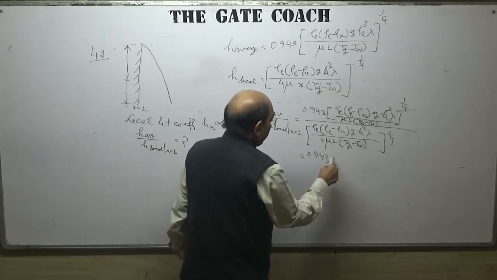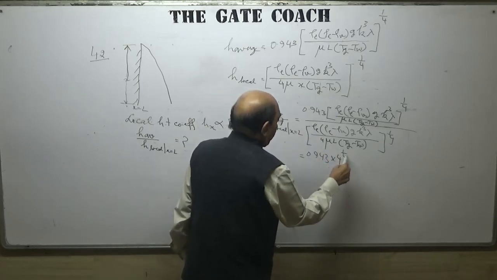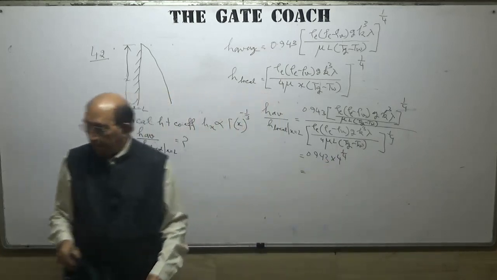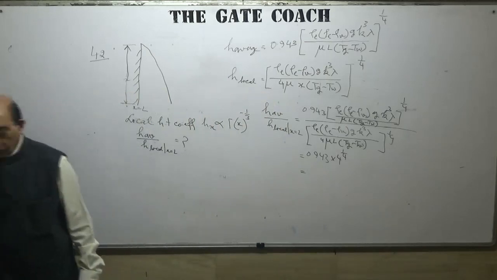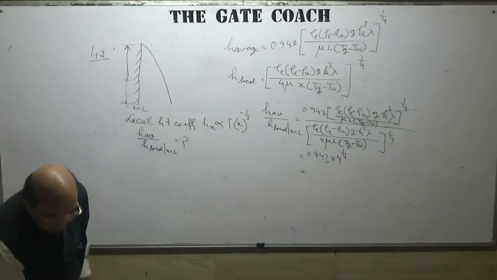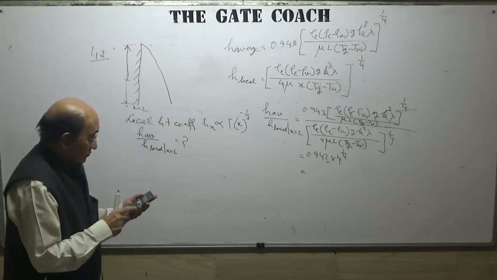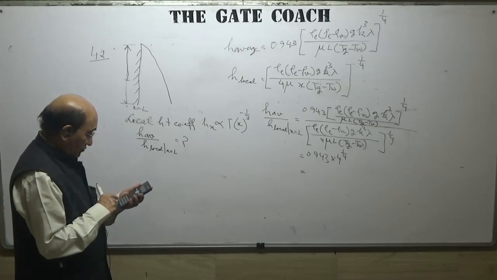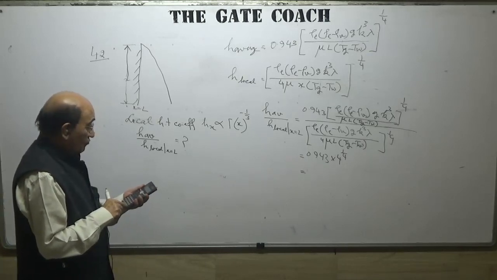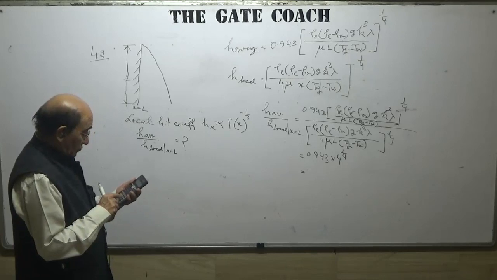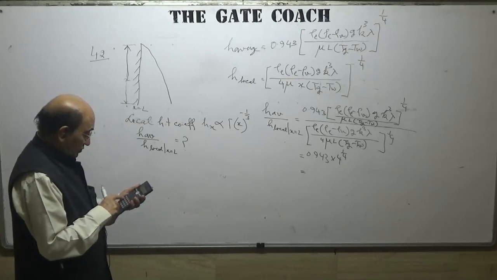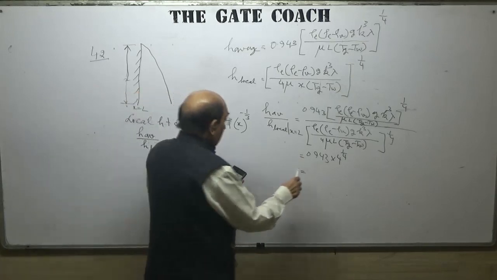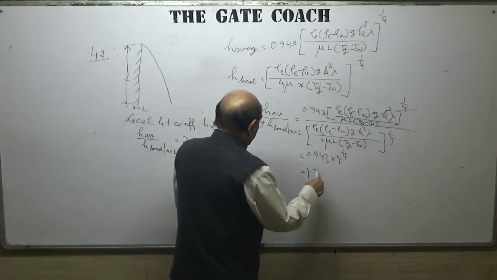This will go in the numerator and shall become 4 raised power 1 by 4. This comes out to be 1.333.